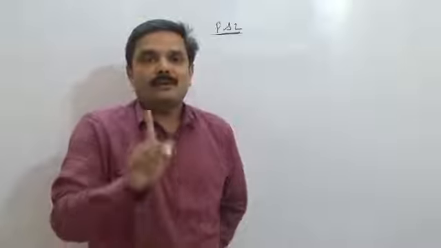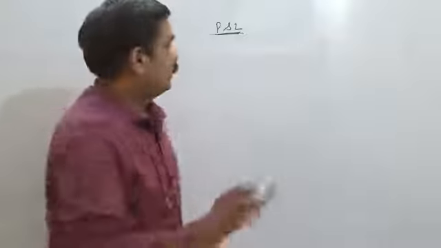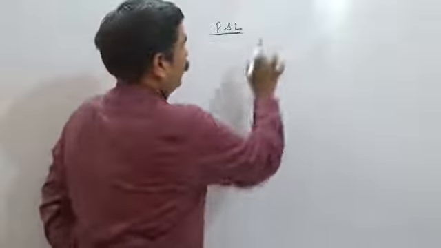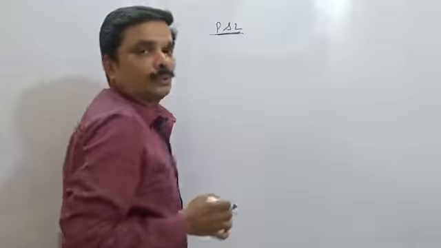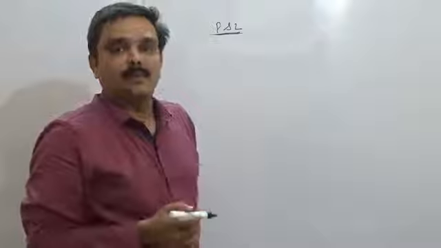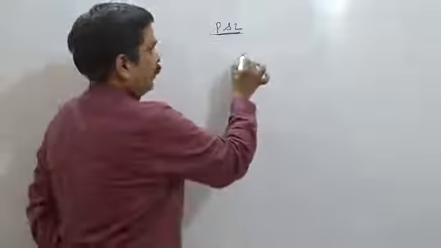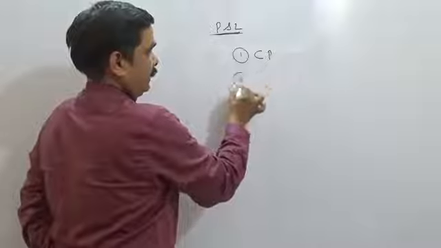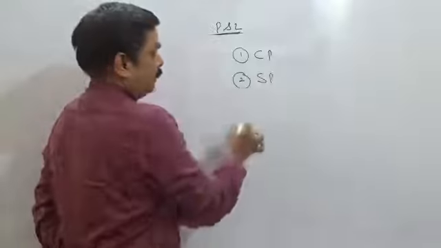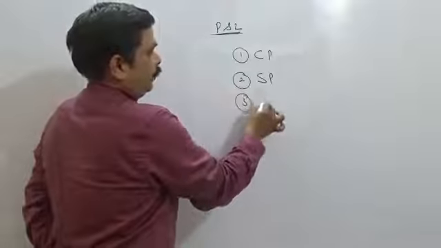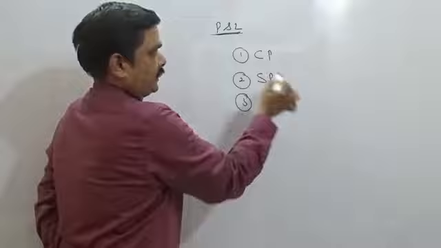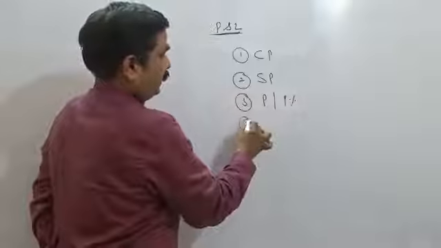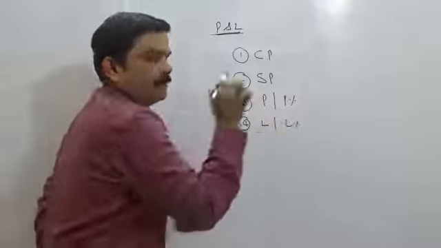Now in profit and loss, the first and very important thing is that you should understand the terms used in this chapter, the terminology, very important points. The first is cost price, second is selling price, third is profit or profit percentage, the other one is loss or loss percentage.